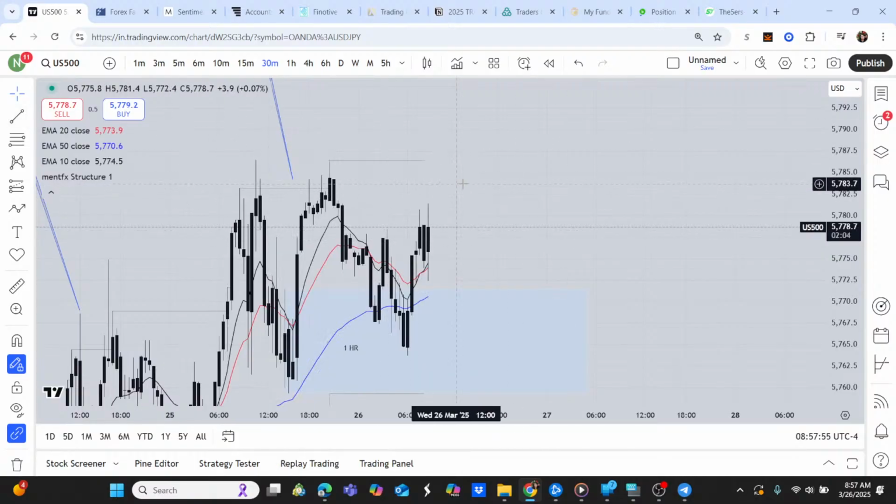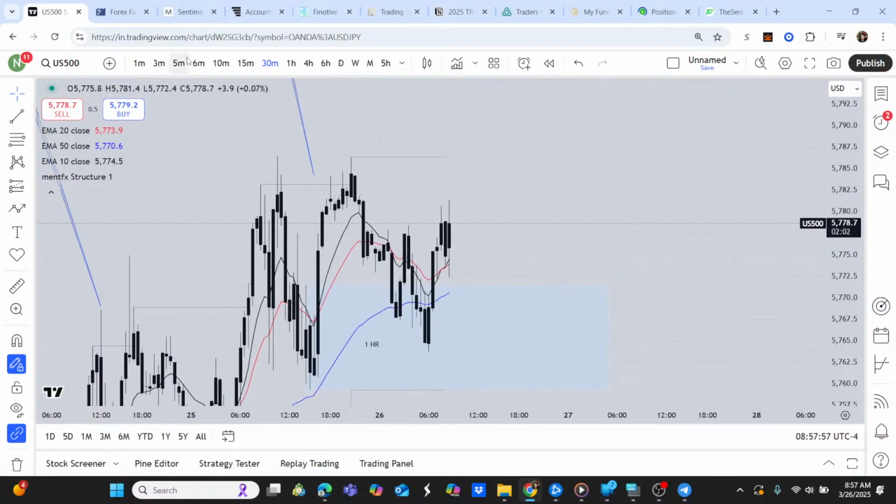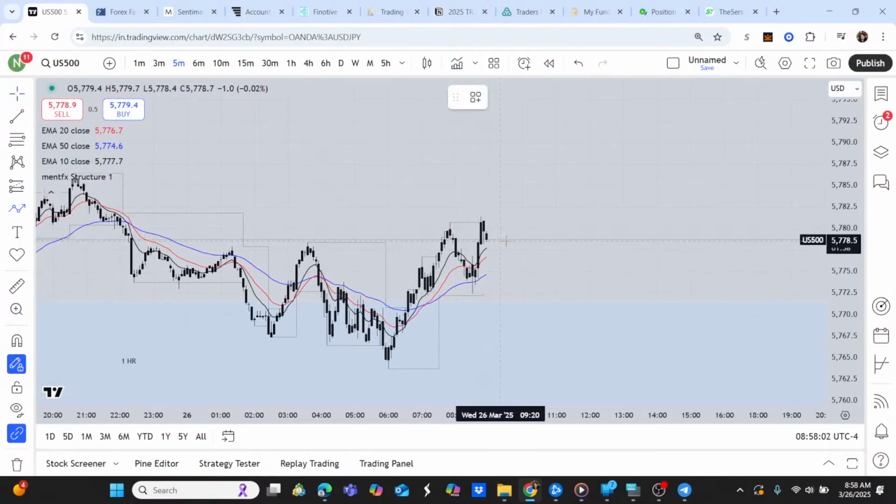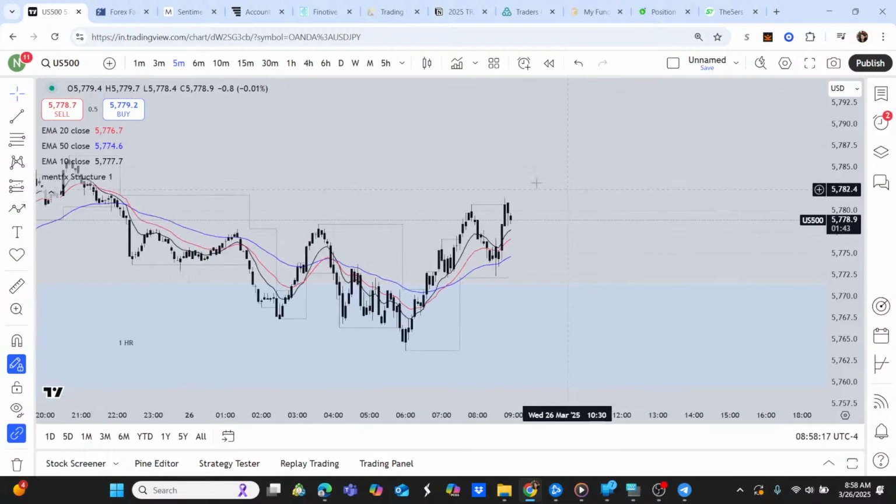If we can print like at least one more candle on this higher time frame right here, I'll jump down to the 5 minute and look for an opportunity. My setup is basically make a move down to the 50 and we start creating this setup, the impulse correction impulse, and then I'll buy stop this high right here. Let me make sure my accounts even have US 500.